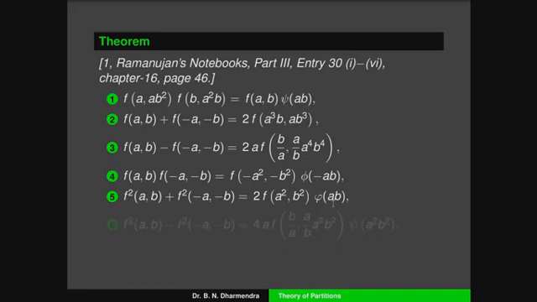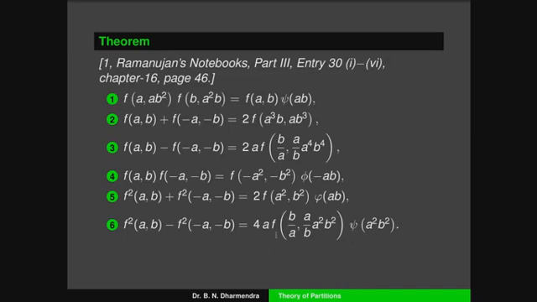The next one: f^2(a, b) minus f^2(-a, -b), taking the subtraction, is equal to 4a times f(b/a, a/b, a^2 b^2). Here also we can cancel one term of b, and we multiply by a^3 b times psi(a^2 b^2).